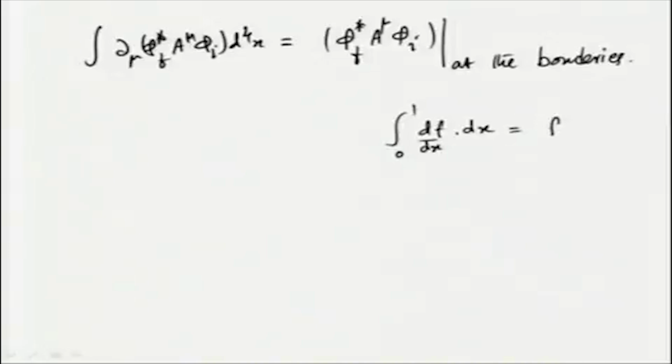This is equal to the value of f at the boundaries 0 and 1, which is f(x=1) minus f(x=0). So this is a one dimensional case and the boundaries are 2 points, the ends of the line segment over which you are integrating, and that gives you the value of the function at the two boundaries, or the difference in that.